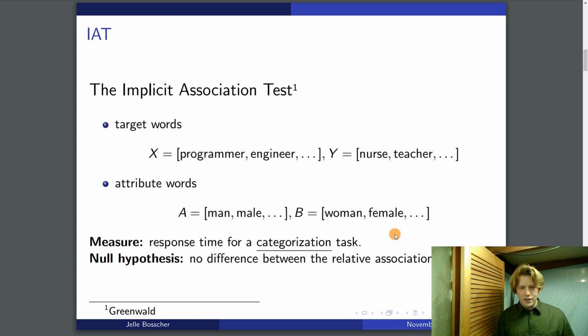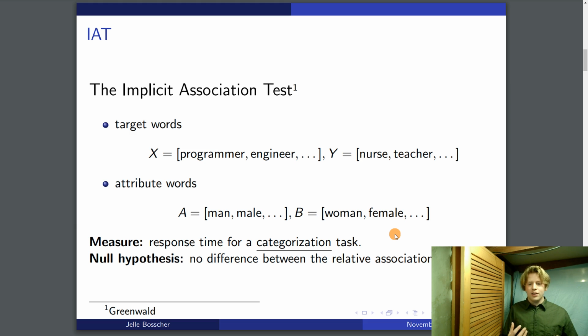What the IAT, or the implicit association test, does is that it has two sets of target words and two sets of attribute words, and it measures the response time that a certain human subject has when trying to associate the word programmer with the word male, or the word programmer with the word female.